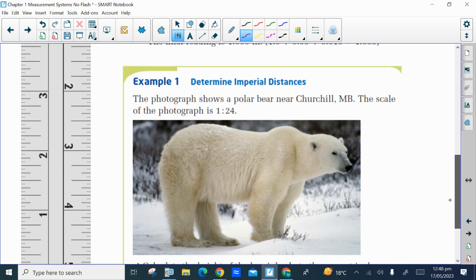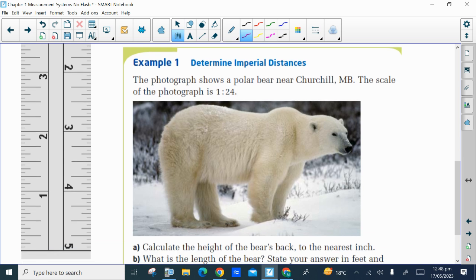So let's move on and look at example 1. It says the photograph shows a polar bear near Churchill, Manitoba. The scale of the photograph is 1 to 24. So we talked about scale factors yesterday. This is what this is talking about. When you give the scale as a ratio, it's 2 numbers that are being compared to each other, right?